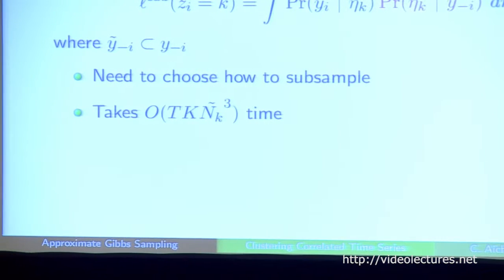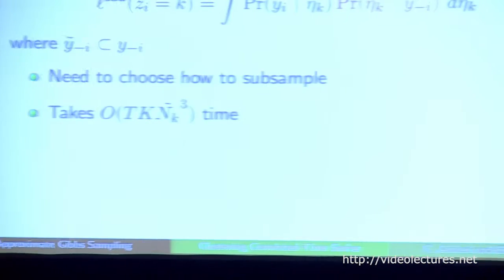So the subsampling approximation method is I'm approximating the collapsed likelihood with just this term in red, where instead of conditioning on all the series, I'm only conditioning on a subset y tilde. The way we did this is you fix a certain number of series that you want to take, so n tilde k, instead of using nk, as many as there are, and just do that. Calculate the posterior there.